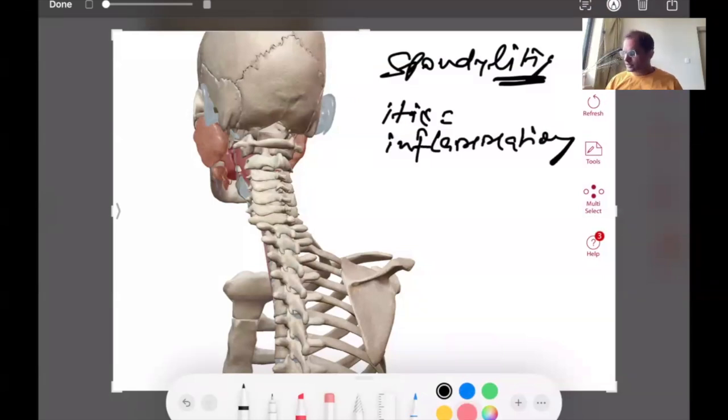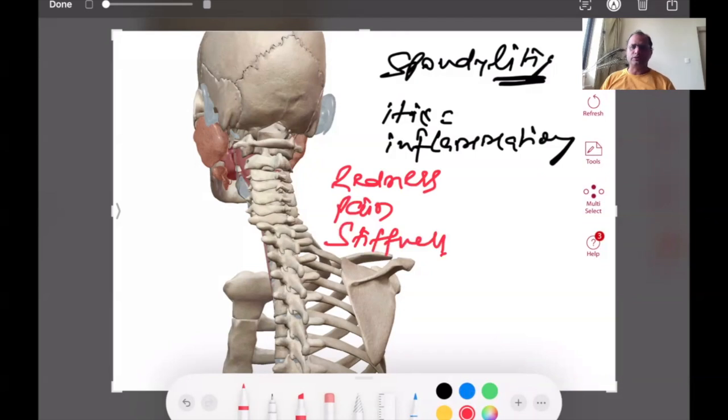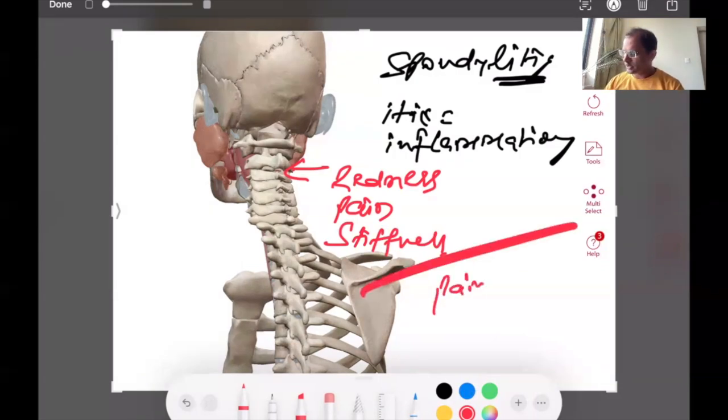So there might be redness, there might be pain, there might be stiffness in the neck. गर्दन में दर्द होगा, पेन होगा, स्टिफनेस होगी. Right? And with the treatment, this will subside. Even if the person takes a painkiller, the person will feel temporary relief. Temporary means maybe relief for 1 month, relief for 2 months. Then it will come back again.